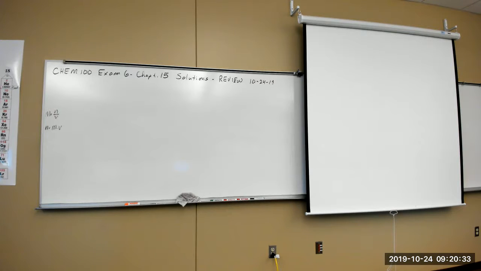Let's see what else we can find that's useful. Okay, 26 is like that earlier problem where we reacted silver nitrate, sodium chloride. Only in the case of 26, the silver nitrate is in excess.